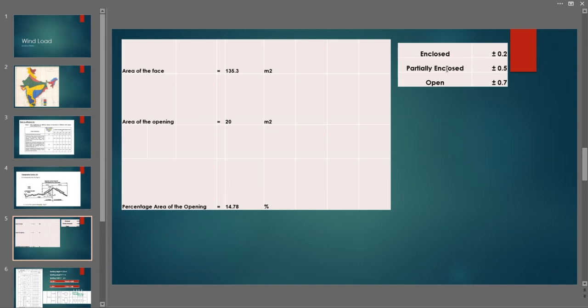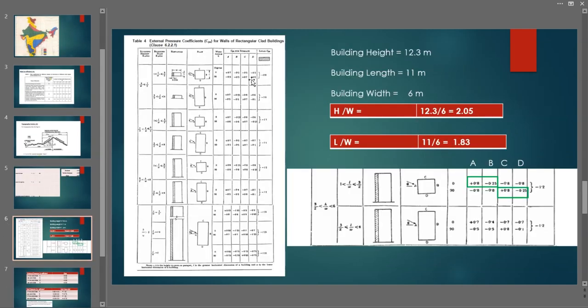Now this sheet is from the IS code, and here you can see that the height of the building is 12.3 meters, the building length is 11 meters, and the building width is 6 meters. This is information that you can easily get from your AutoCAD file or with the help of ETABS.